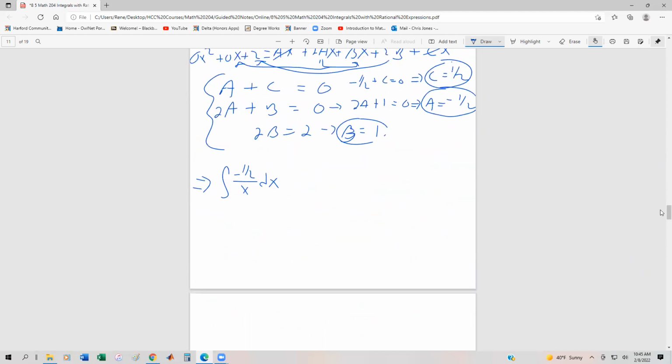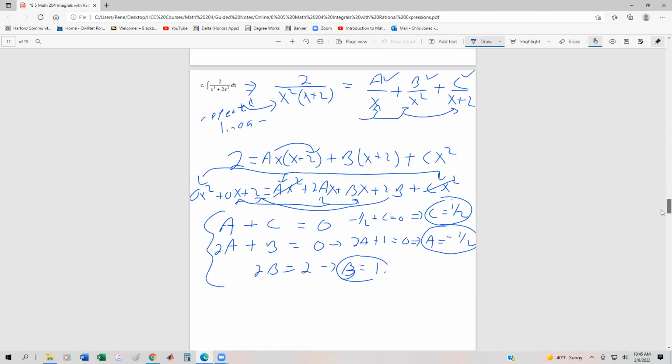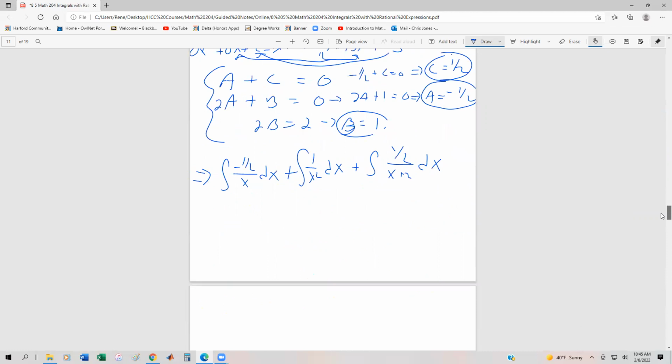We have 1 over x squared dx. And then finally, we have a +1/2 over x plus 2 dx, from the factor that we got all the way back up here. Now we're going to integrate term by term, at least for these two.